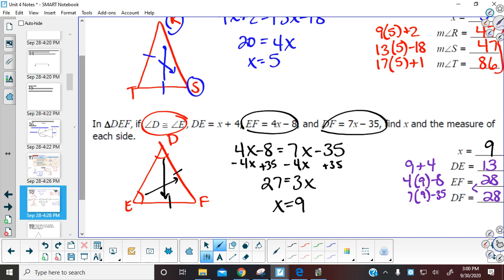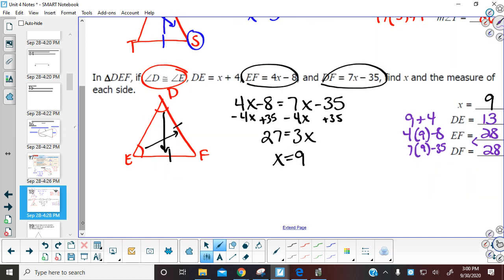Now, again, this serves as a check that we do have two that are the same. Notice for all of these, side lengths will be positive, angles will be positive. Angles will also check to be 180, but sides will not. Okay, there is no special number that the sides of a triangle add up to. So your only check for that second one is that you have two sides that are equal.